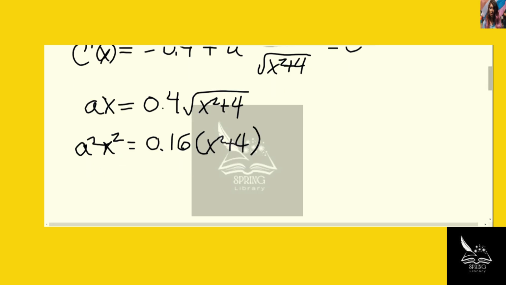And so solving for x, we have a squared minus 0.16 times x squared is equal to 0.16 times 4, which is 0.64.